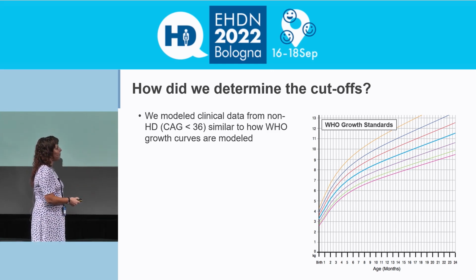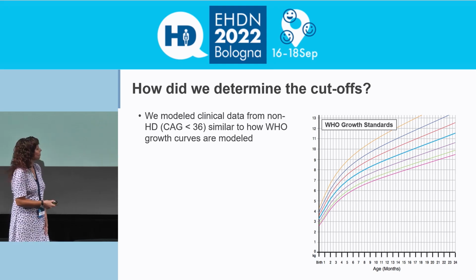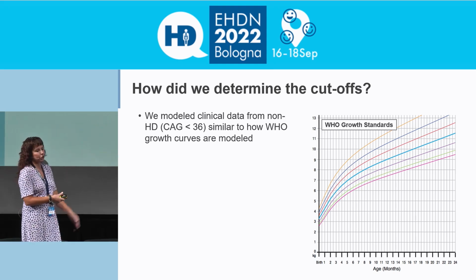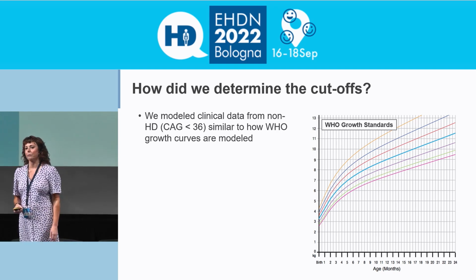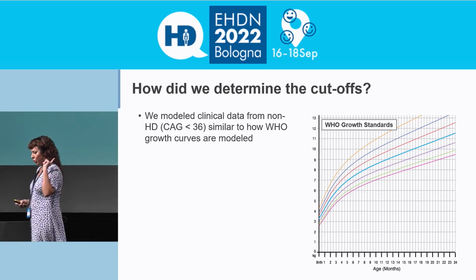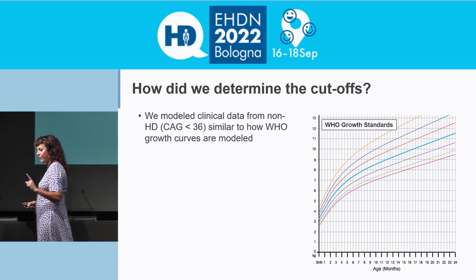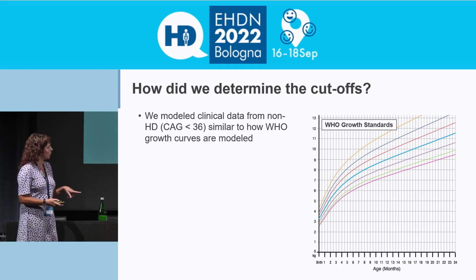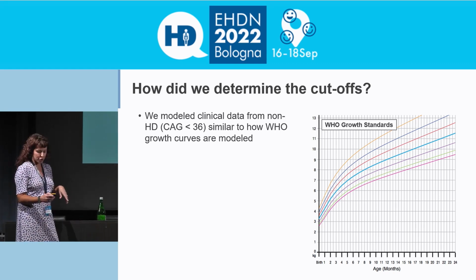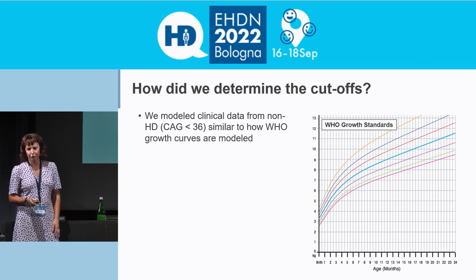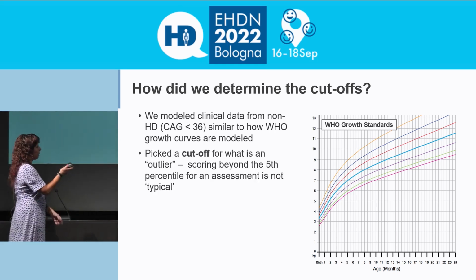So, a baby of 10 months old, at the 5th percentile, which is the lowest, would weigh about 7 kilograms. But the 50th percentile is about 8.5 kilograms, and that's modeled on normative data. So we developed cutoffs like the WHO models for growth, and there are many different examples of this.